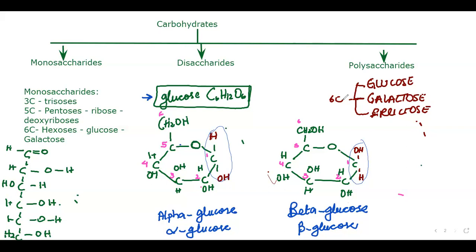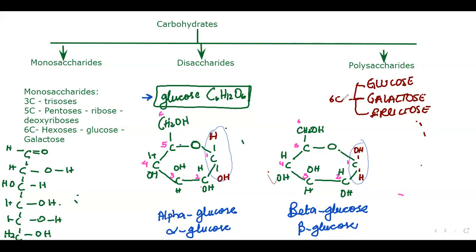Secondly, we also need it as a building block. I can take my monosaccharides and join them to make larger molecules. For example, I can use glucose to make glycogen or starch or cellulose. You will see that as well. I can use ribose sugar to make RNA. I can use deoxyribose sugar to make DNA. I can also use ribose sugar to make ATP.